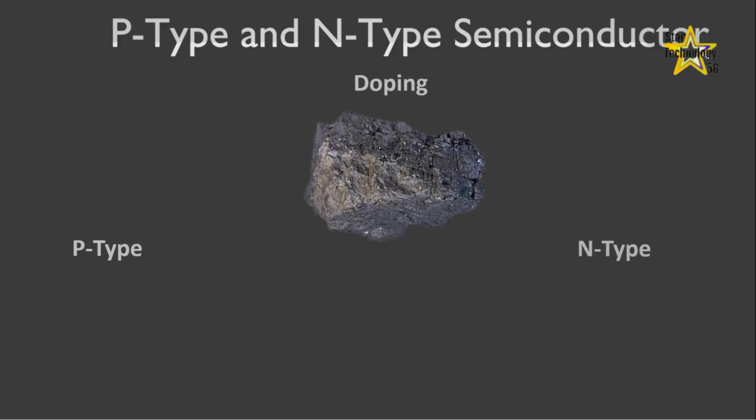The difference between n-type and p-type semiconductors is the primary material used to create the chemical reaction during doping. Depending on the material used, the outer orbital will have either 5 or 3 electrons, making one negatively charged, n-type, and one positively charged, p-type.